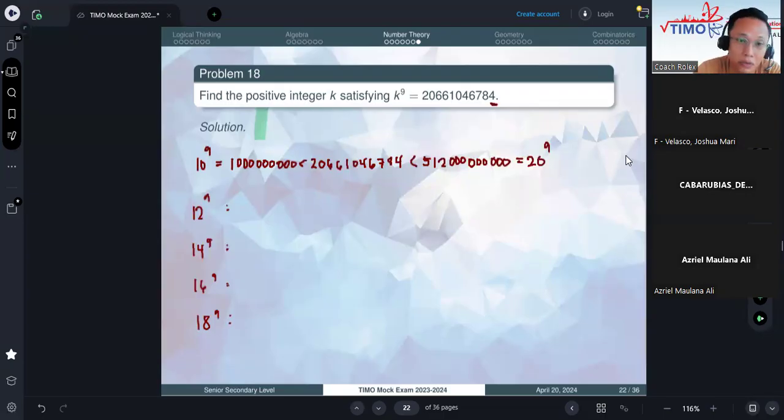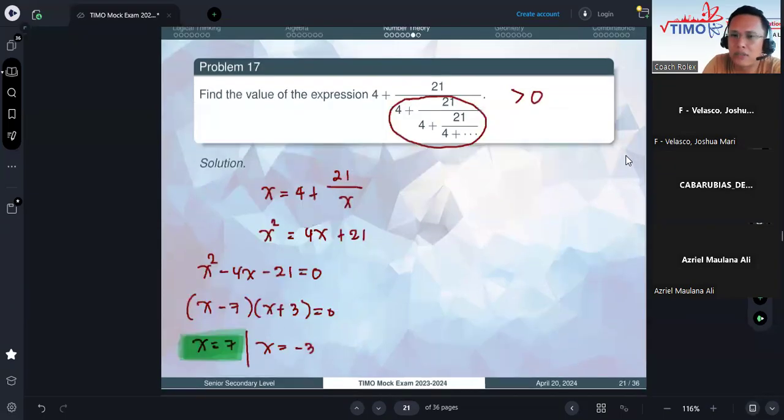Of course, we take the modulo 10. 2 to the 9 mod 10, 4 to the 9 mod 10. What are the possible last digits of this?